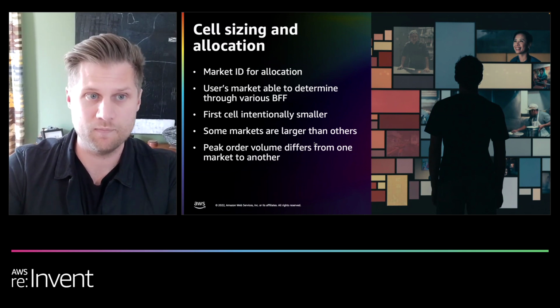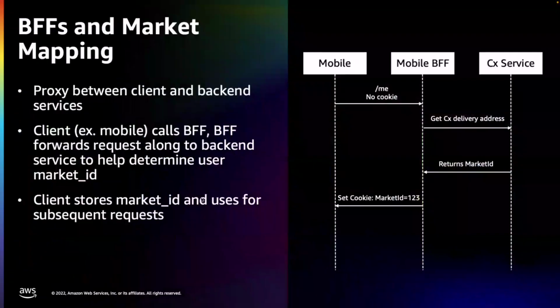As I mentioned on the last slide, we rely heavily on BFFs to return our user's market ID. BFF, for those who are less familiar, stands for backend for front end. It's basically a proxy between our clients, such as the mobile app is a good example, and a backend service. So maybe like the consumer service. A typical flow looks like this.